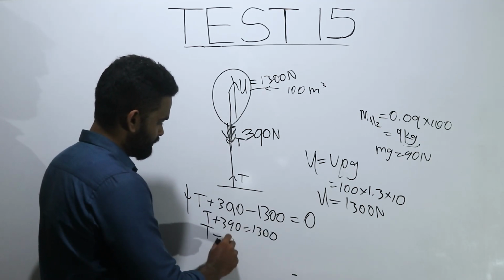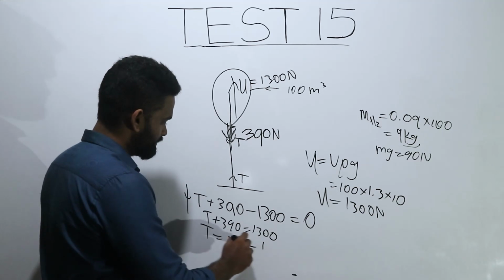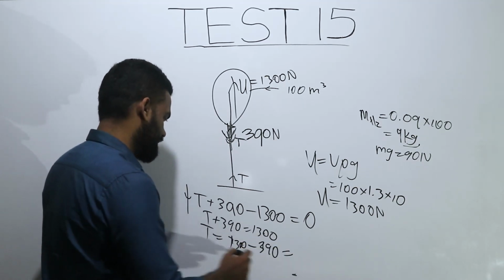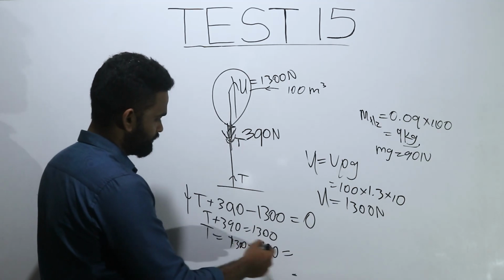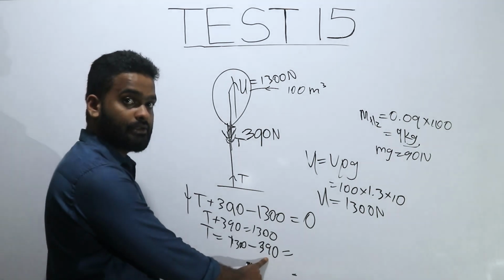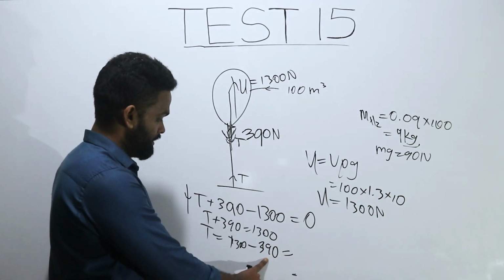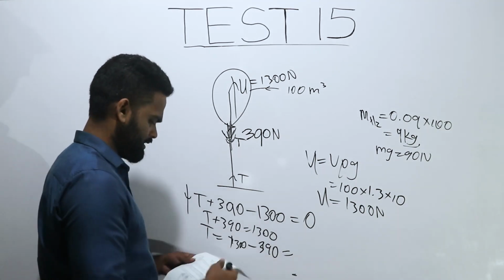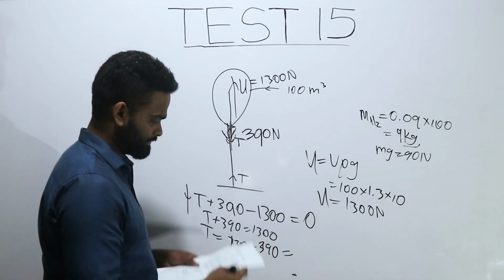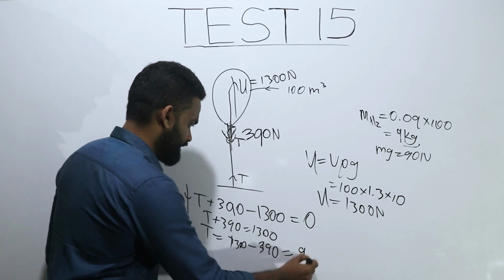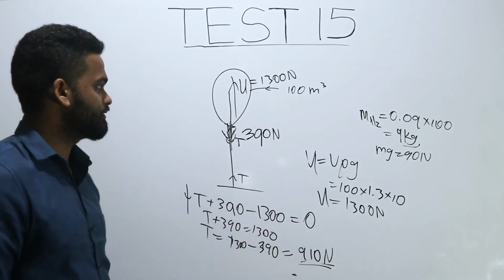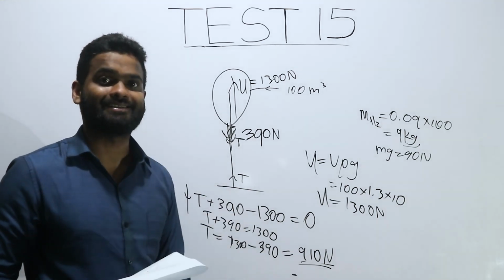T equals 1,300 minus 390. If you do the calculation, 1,300 minus 390, you get 910 Newton. So that is the tension of this string. That is 910 Newton.